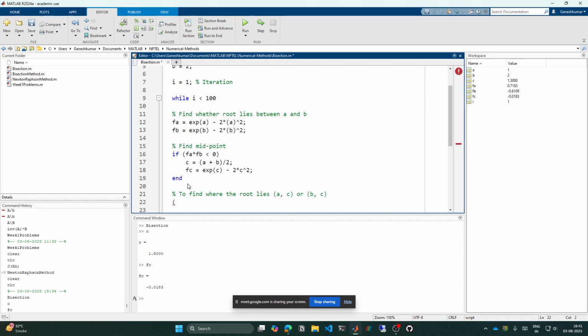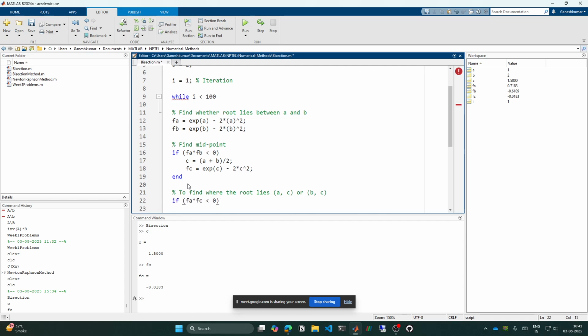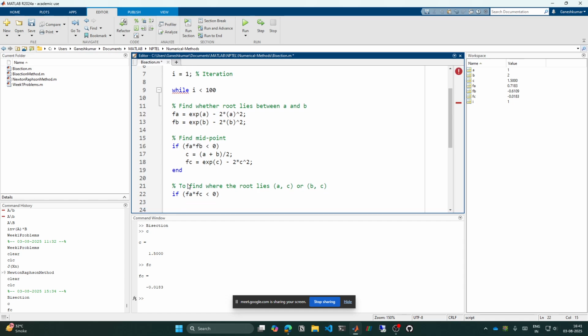So let me enclose that inside a bracket and write it as an if condition. If fa times fc is less than 0, then the root lies between a and c.